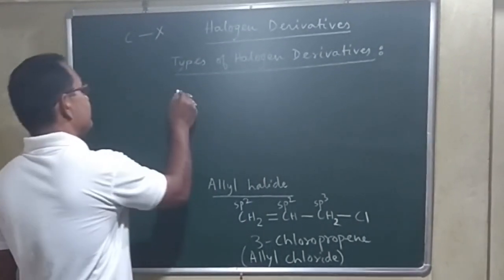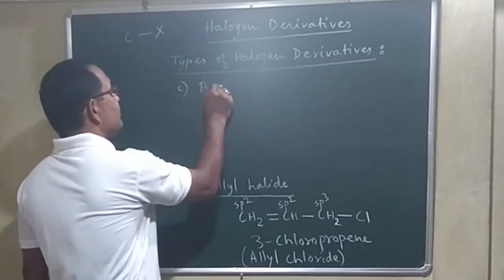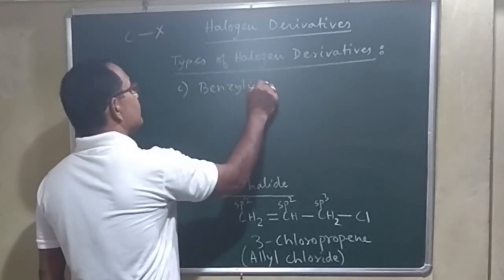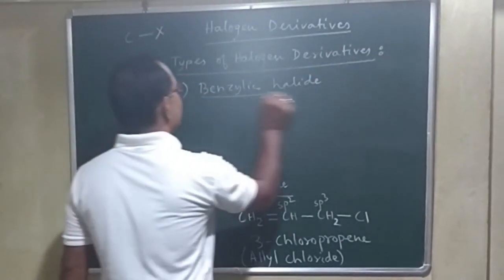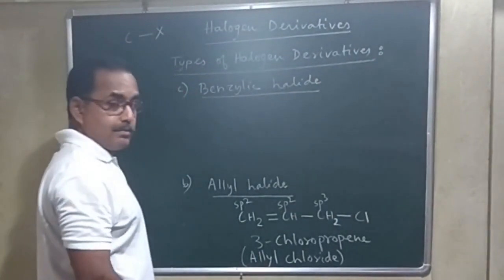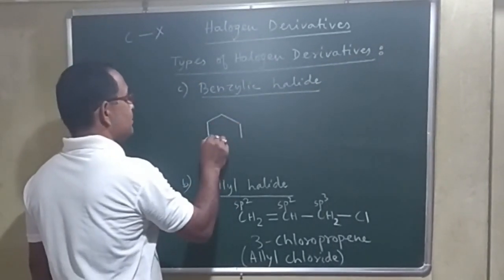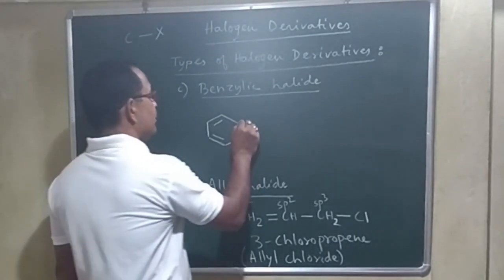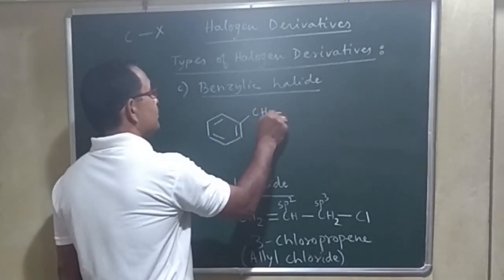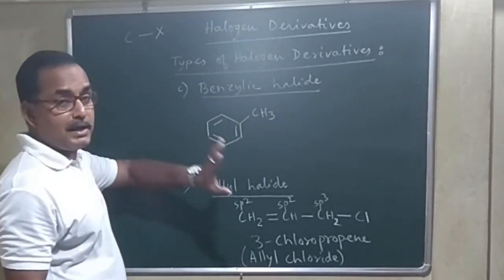Come to the third type, number C. It is benzylic halide. See, we all know what is this. This is benzene. What is this? This is toluene. So actually what is toluene? Toluene is methyl benzene.